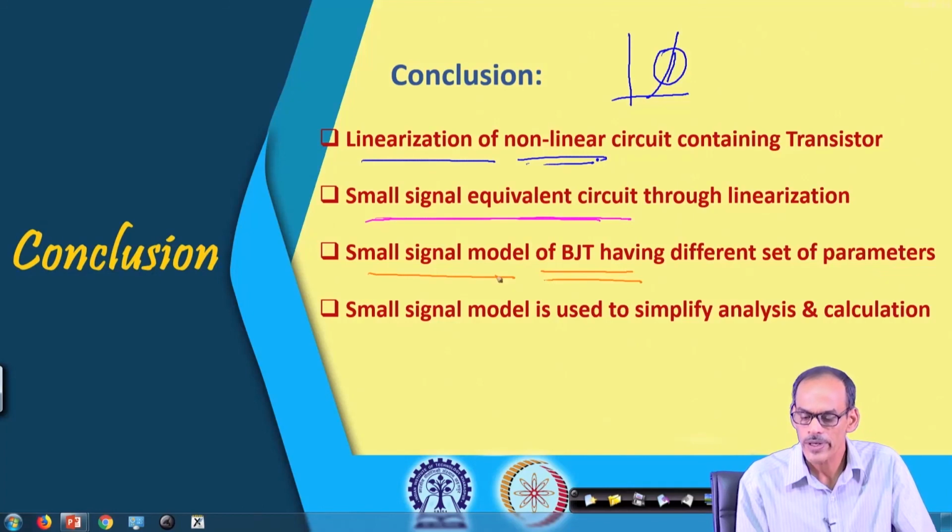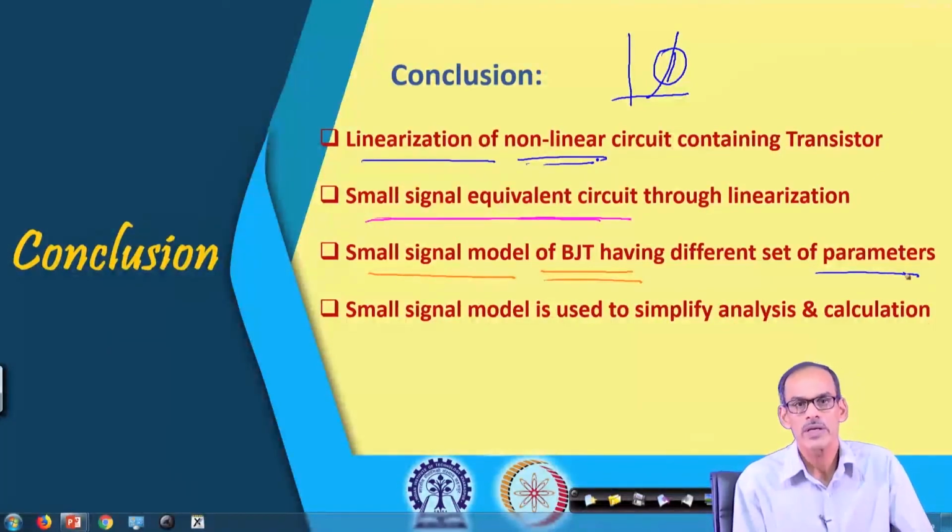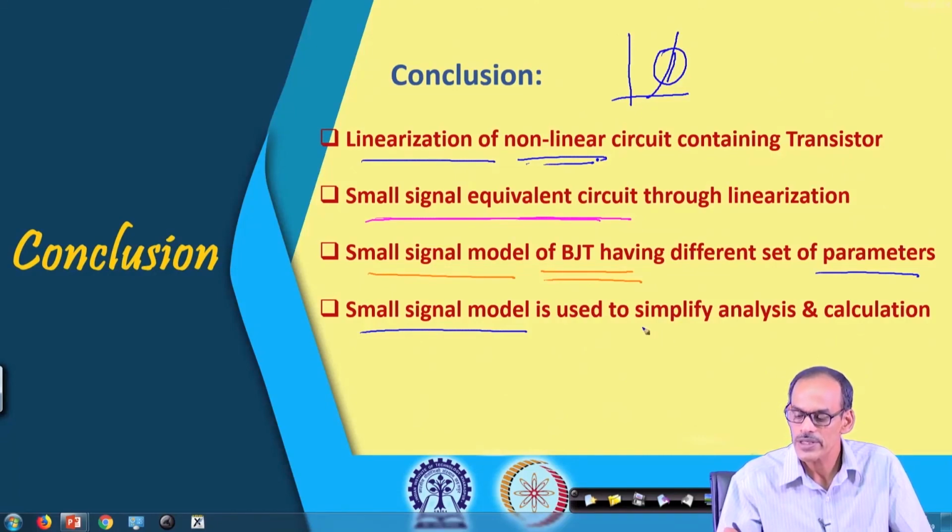And why do we go for small signal model of the transistor? That simplifies the analysis. Of course, to get the model parameters, we have seen they depend on the operating point, so there are different sets of parameters. But once we get the values of those parameters, and if we know that the quiescent point is not changing, then we can make use of those parameter values, and then small signal model of the BJT or small signal equivalent circuit of the complete circuit will be basically simplifying the analysis and calculation.